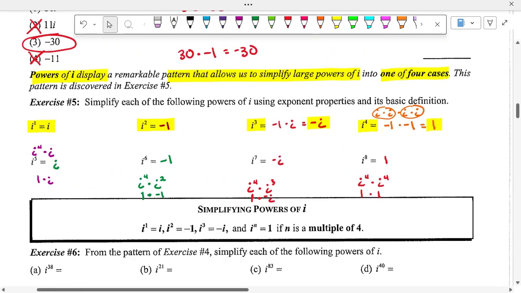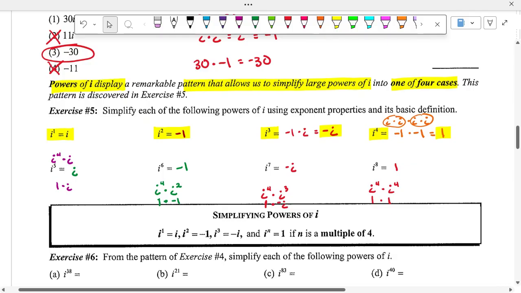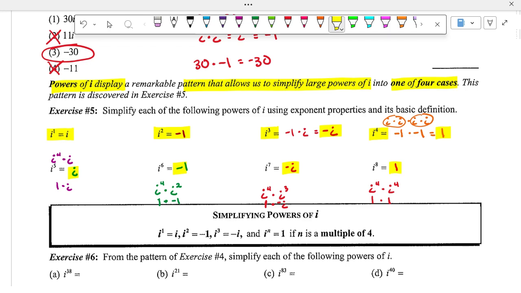Now, do you guys notice the pattern that's going on here? So here's the answers that we got again. We got I, negative 1, negative I, 1. Didn't it follow the exact same pattern that we did previously? Right. Now, here's the difference. After the initial 4, it's all based off of multiples of 4.